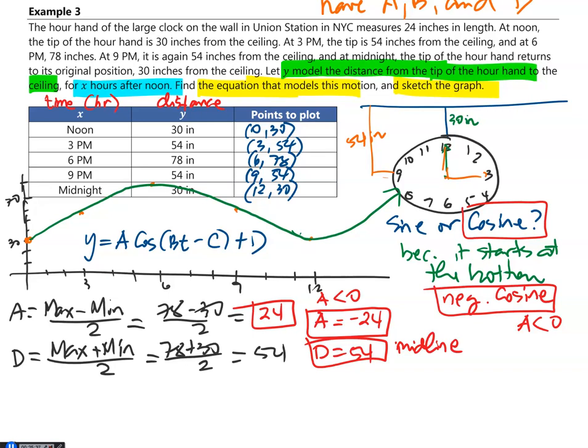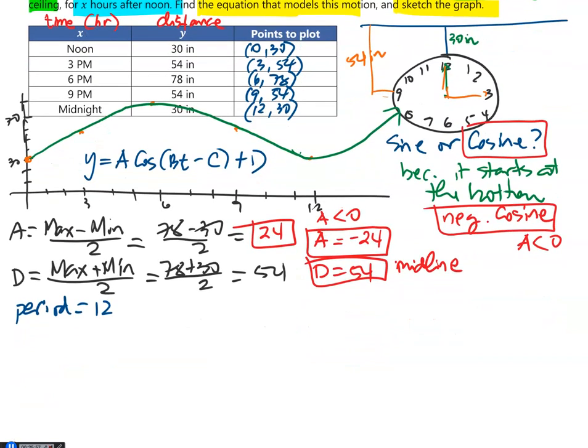Then we know the period. You have the clock that is from 1 to 12, so the period is 12, and we can now solve for b. 2 pi over the period, 2 pi over 12, simplified, is just equal to pi over 6.